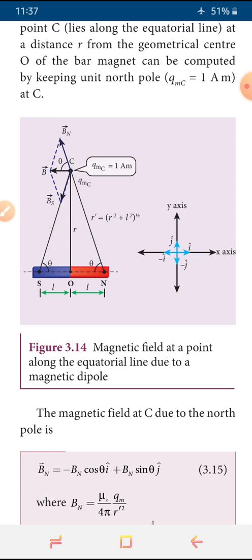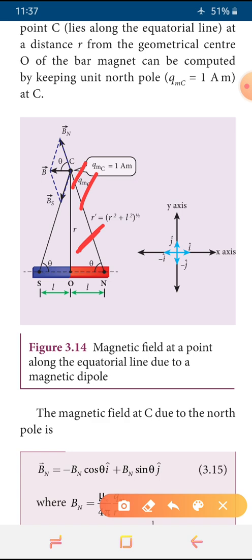What does that mean? See this diagram, figure 3.1, the first diagram. What is R? The distance between the midpoint of the bar magnet and the point which we selected, that is R. And what is L? The length between the midpoint of the bar magnet and any one of the poles. So for this equation 3.20, we are going to give one thing.